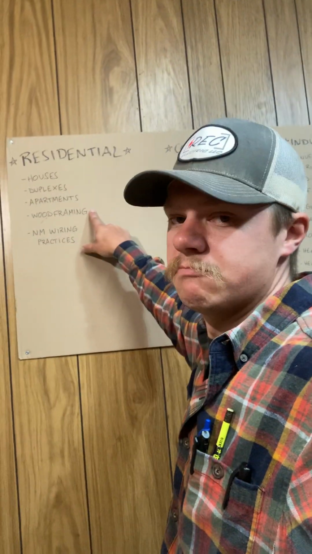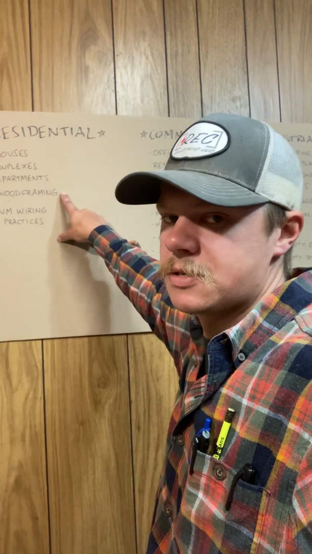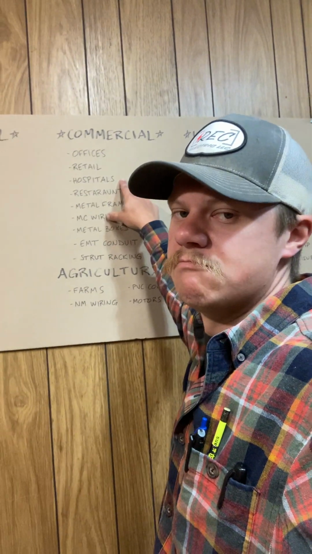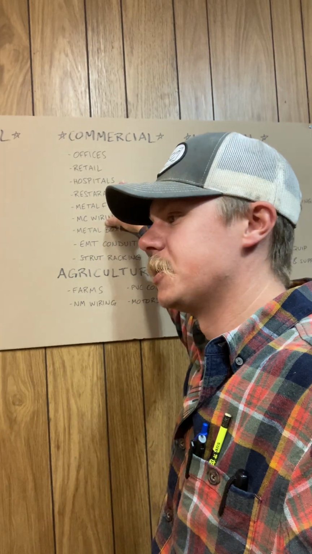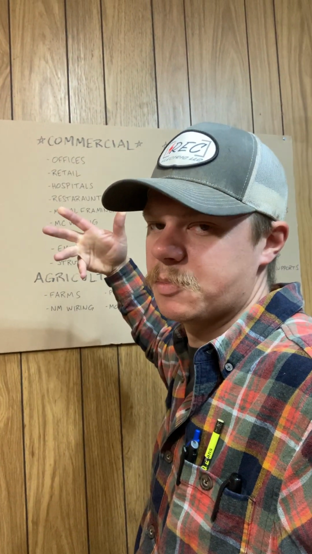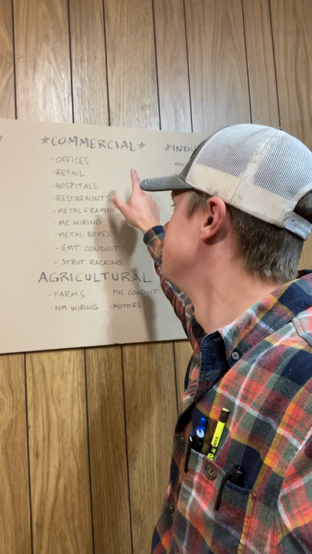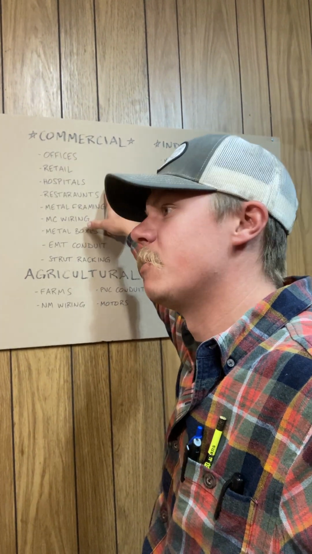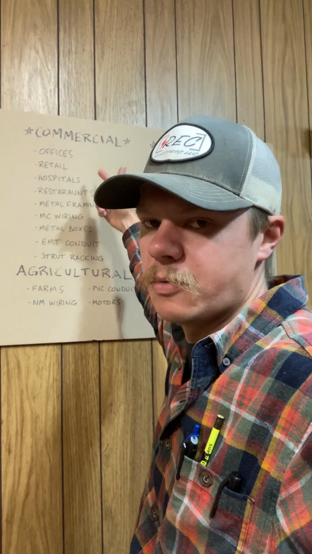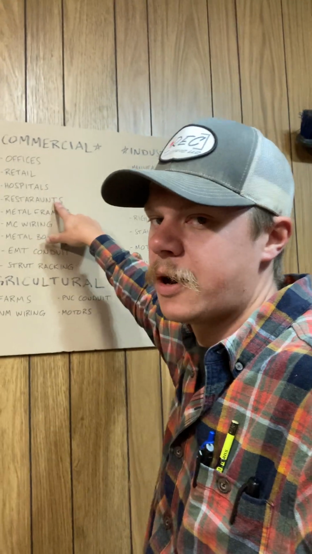I just want to give you guys an overview. So I'm just going to recap it. Residential, you can think houses, apartment buildings, etc. Commercial, offices, hospitals, places where business takes place for the most part. Some apartment buildings could be considered commercial if you want, but not trying to muddy the waters.